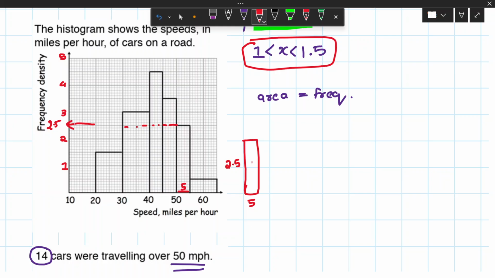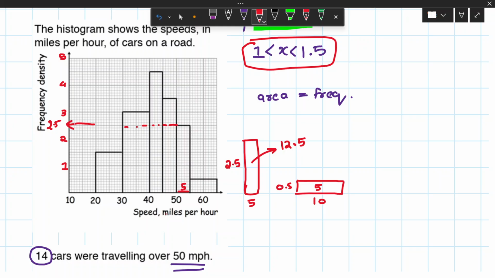So the area of this one would be 5 times 2.5, that would be 12.5. Okay. Similarly, let me find the area of the second rectangle. I know it's one full box. So the base is 10 and the height is only 0.5, right? Because it's only half of that. So that would be just a normal 5.